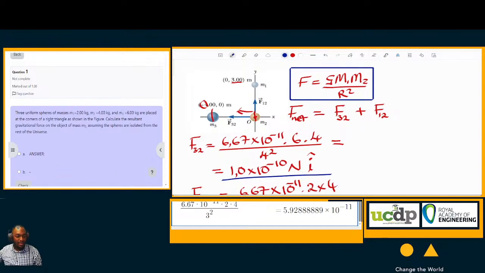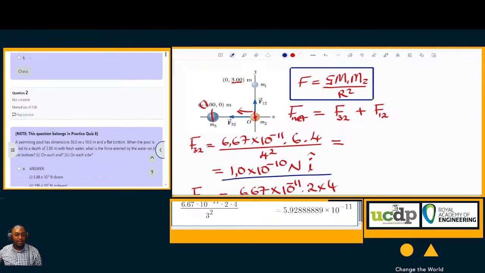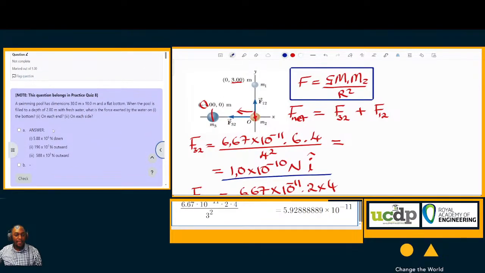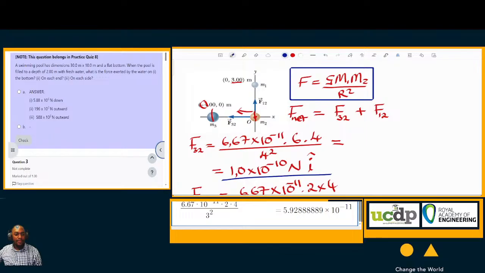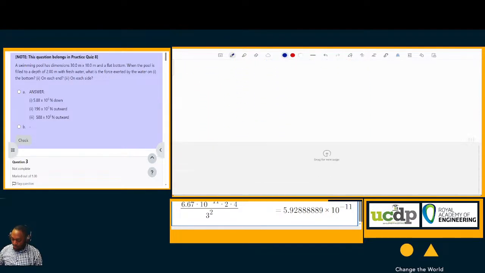So the rest of the questions, or most of the questions, are on fluid dynamics, you notice. So question 2. It reads, a swimming pool has dimensions of 30 by 10 and a flat bottom.